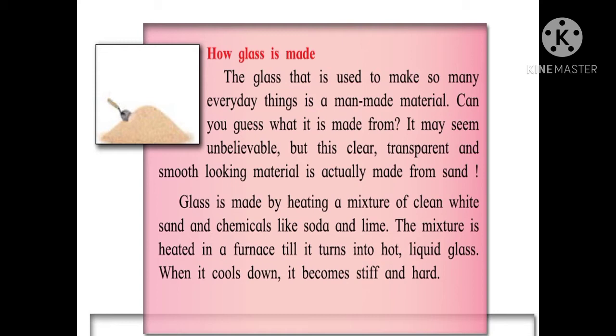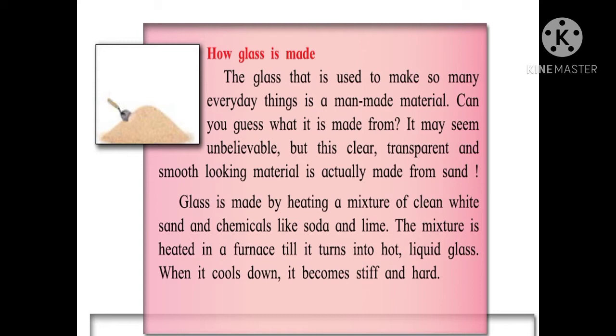Can you guess what it is made from? It may seem unbelievable, but this clear, transparent and smooth-looking material is actually made from sand. Glass is made by heating a mixture of clean white sand and chemicals like soda and lime. The mixture is heated in a furnace till it turns into hot liquid glass. When it cools down, it becomes stiff and hard.